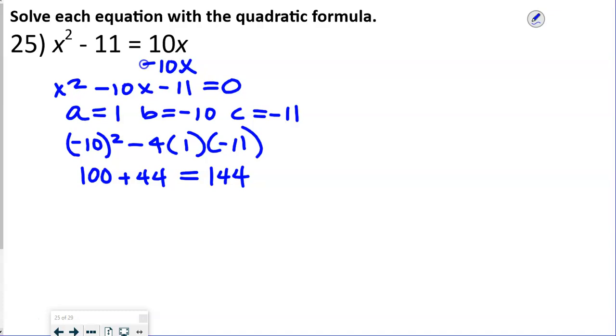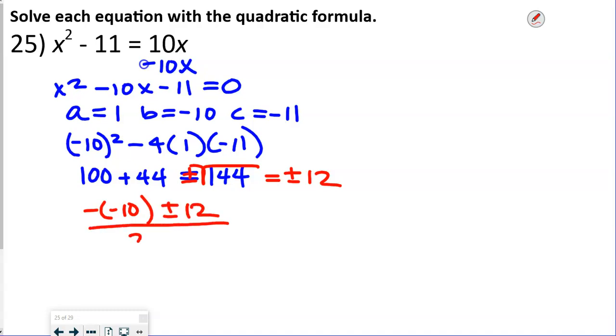And hopefully all of y'all know that the square root of 144 is plus or minus 12, right? So now we're going to do our negative b, which is going to be minus negative 10. We got our plus or minus 12, right? All over 2 times a. And a was 1, right? So we're going to simplify this. That's going to be 10 plus or minus 12 over 2, right?